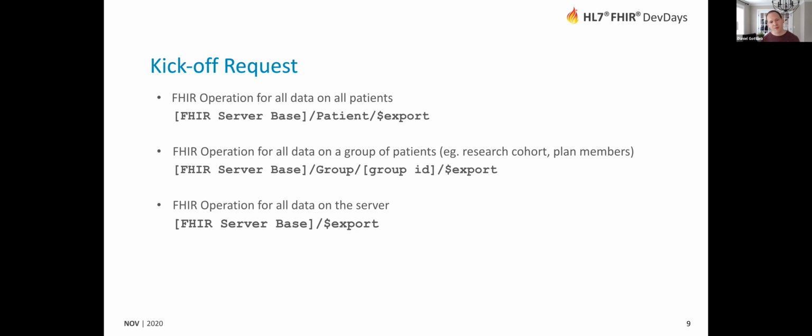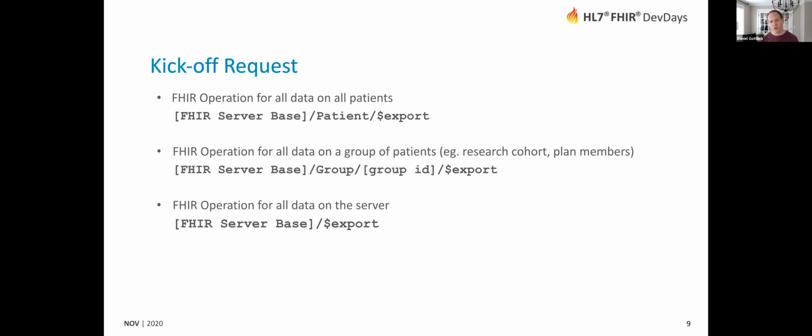And then the second type of operation is maybe the most common one in production today, which is pulling all data on a group of patients. These groups are defined using the regular FHIR groups API. FHIR has a resource type of group that can define a set of patients. And in bulk data, we leverage that and say, okay, you've defined a group somehow. Maybe you've used the FHIR API to do it. Maybe you've done it in the EHR, by picking patients for a research cohort.